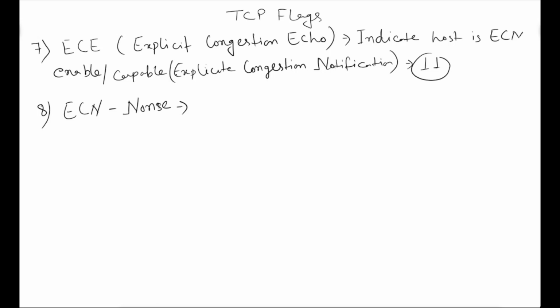If there is congestion in the network and that needs to be notified to the sender, this ECN nonce flag is used to notify that there is ECE congestion notification in the network. So this flag is used for concealment protection.